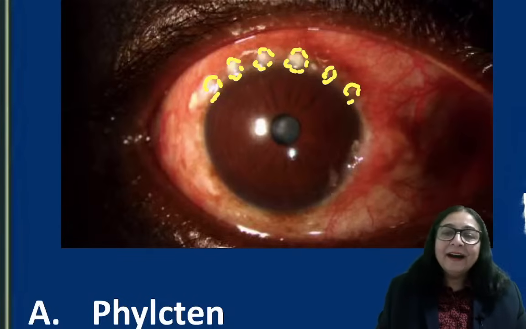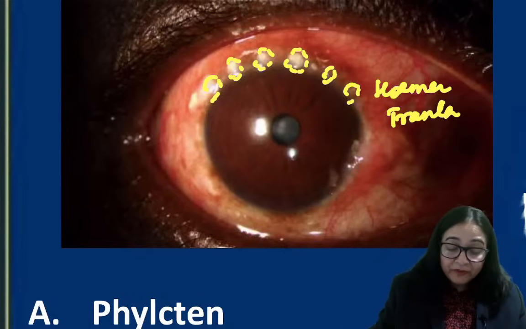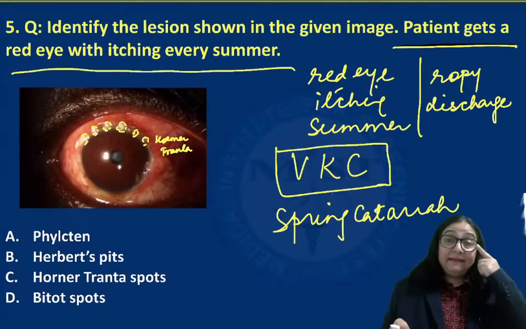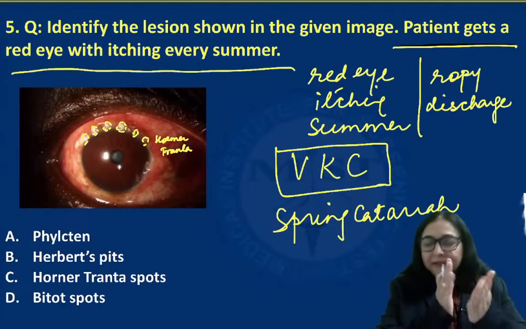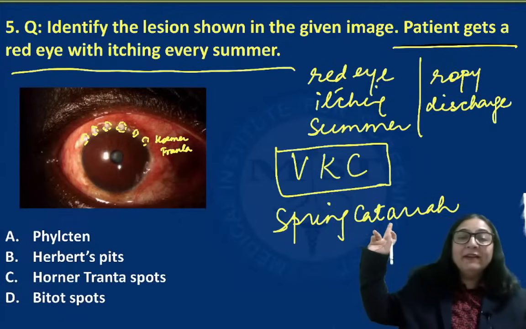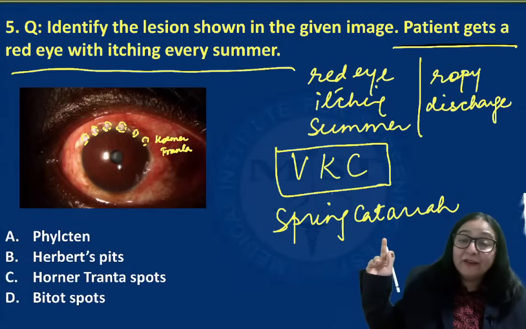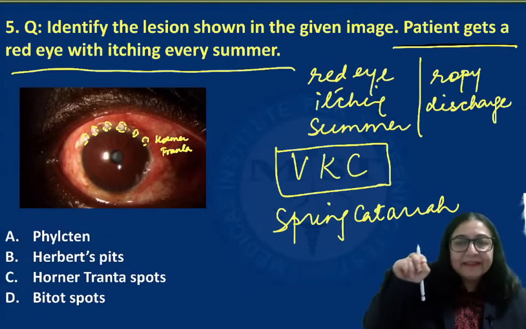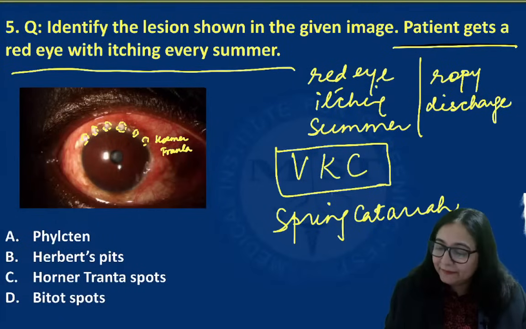So these are your Horner-Trantas spots, which are seen in cases of VKC. So that combines the VKC based upon the symptomatology, and what we are seeing here is Horner-Trantas spots, the gelatinous papillae type lesions around the limbus seen in VKC.